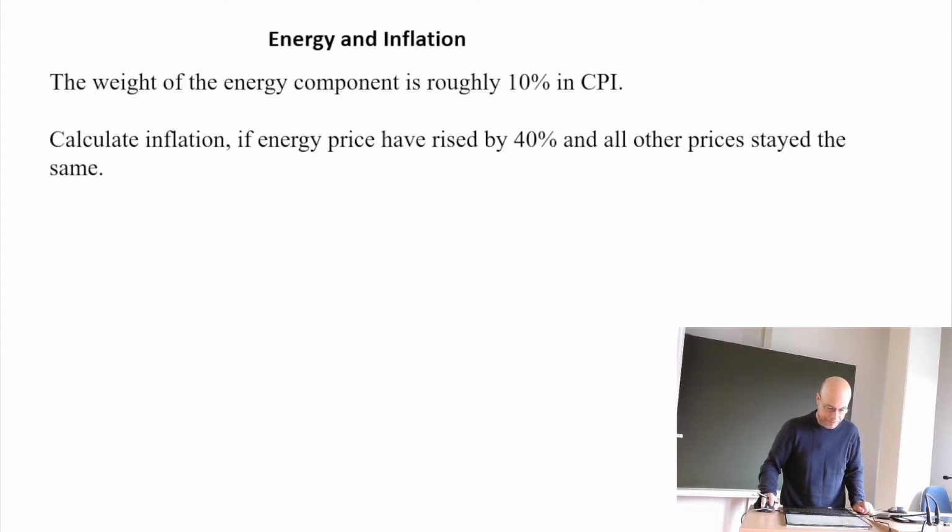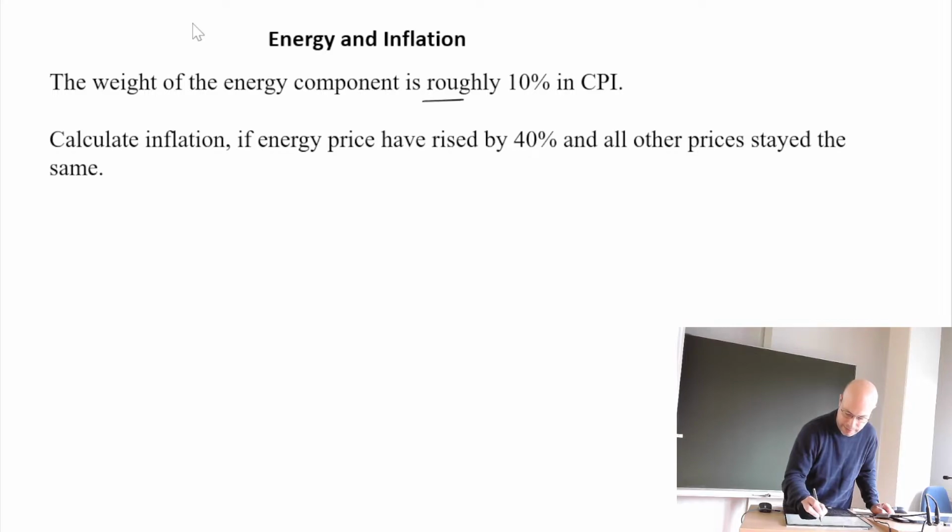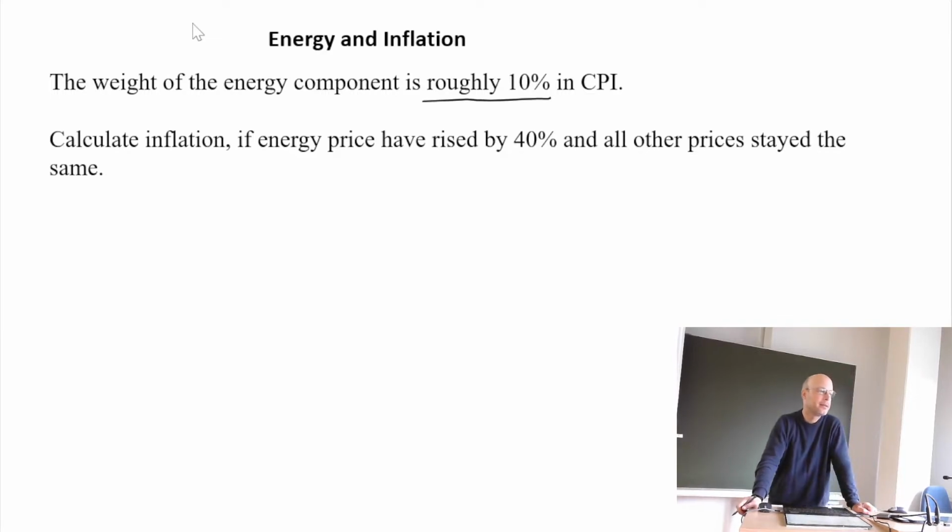And there we first have to have a look at what is the amount of these energy goods in our consumer price index. And there we can say that roughly 10% of CPI is represented by our energy goods.